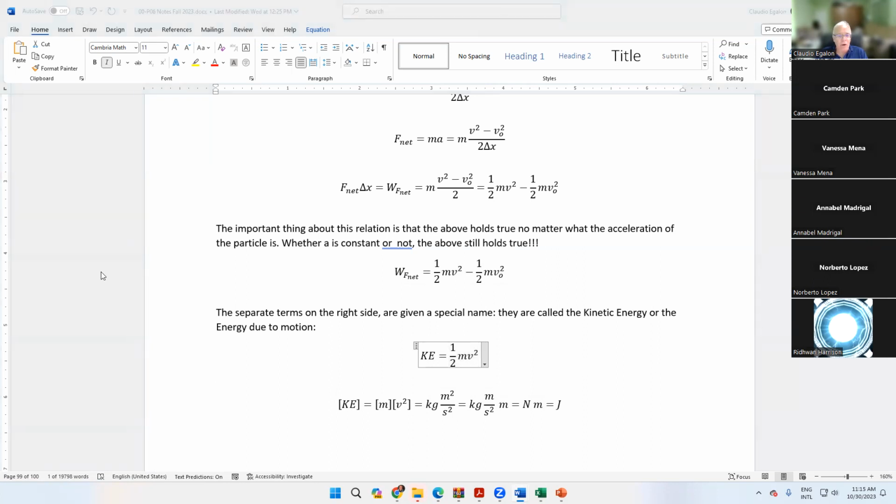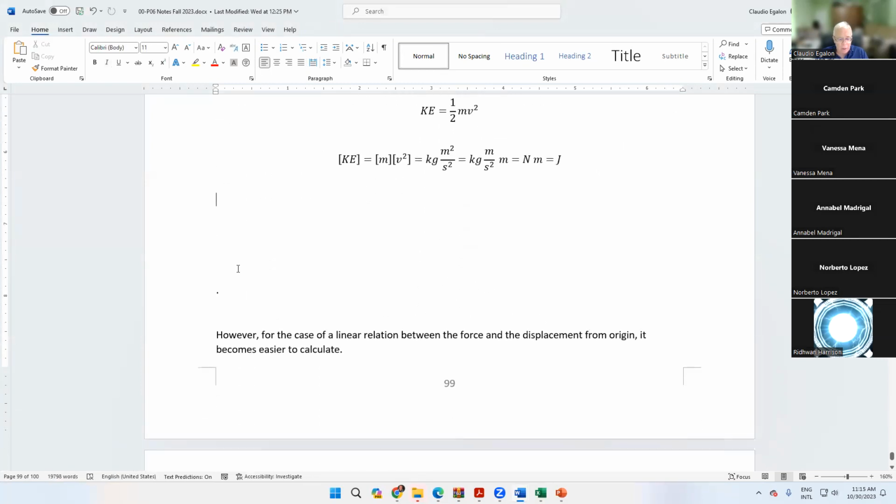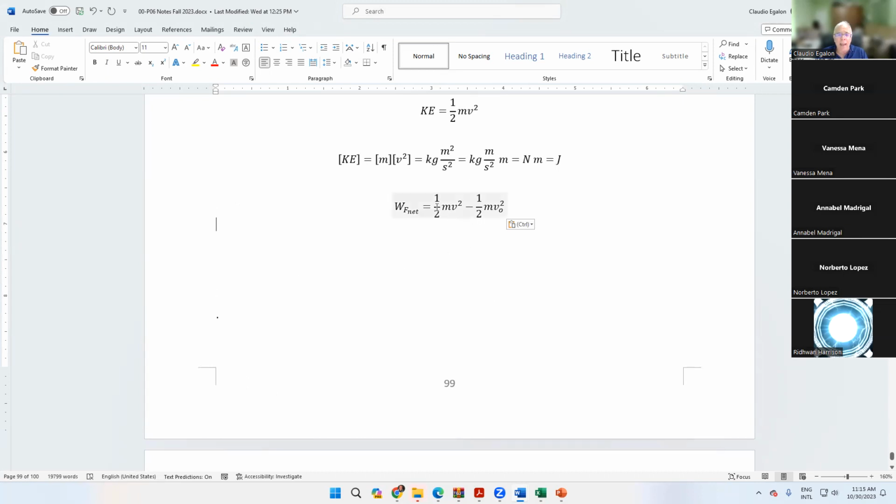Now we have this relationship that the work done by the net force is equal to the final kinetic energy minus the initial kinetic energy. We also call that delta KE.